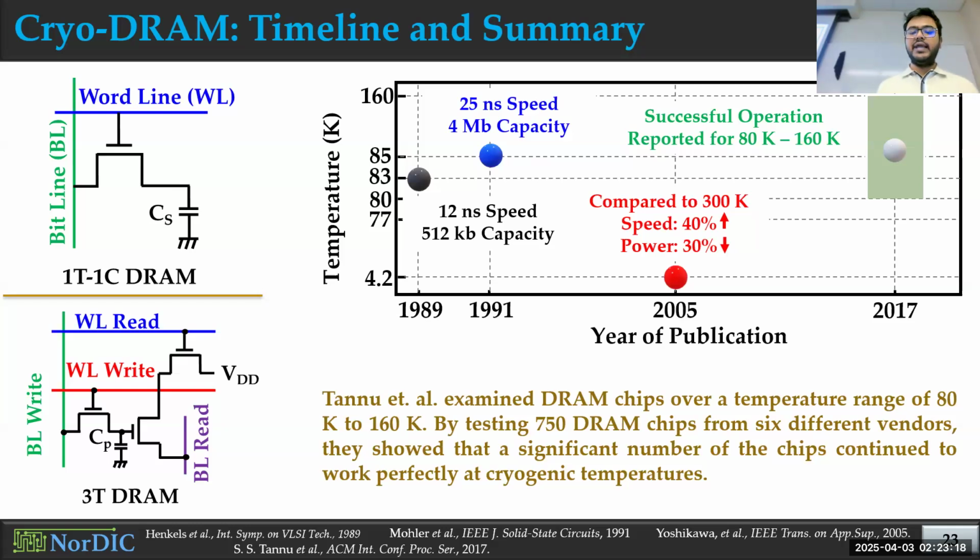They went down to 80 Kelvin here, and they mentioned that around 98% of all those 750 chips worked successfully. They only cared about proper operation, not any other performance metric. So they only reported that 98% of their chips worked properly at that low temperature.